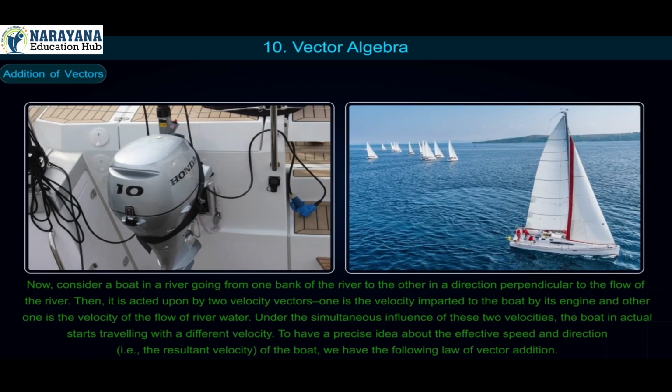Under the simultaneous influence of these two velocities, the boat in actual starts traveling with a different velocity. To have a precise idea about the effective speed and direction, that is, the resultant velocity of the boat, we have the following law of vector addition.